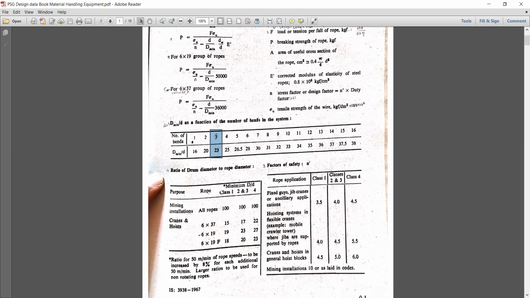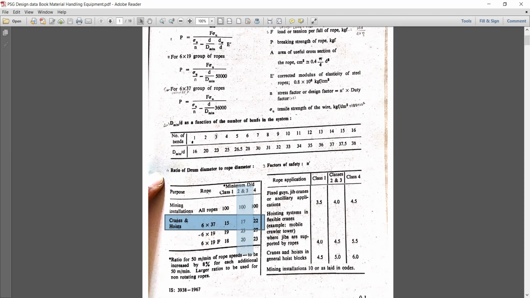So based on the number of bend system, the D by d ratio is 23, and based on the ratio of drum to diameter, that is based on the class of application, for hoisting rope type 6 by 37 and class 2, it is 17.